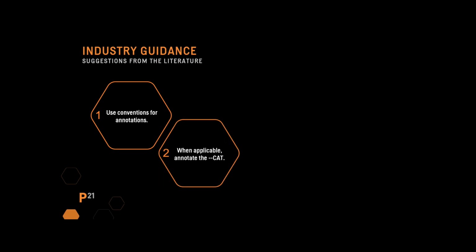The second thing is that when applicable, you should annotate the category variable. When it's printed on the annotated CRF, it's sufficient to just annotate whatever the cat is next to what's written on the CRF. But if the category is not printed on the CRF, you need to actually annotate cat equals and then list the value in quotations.